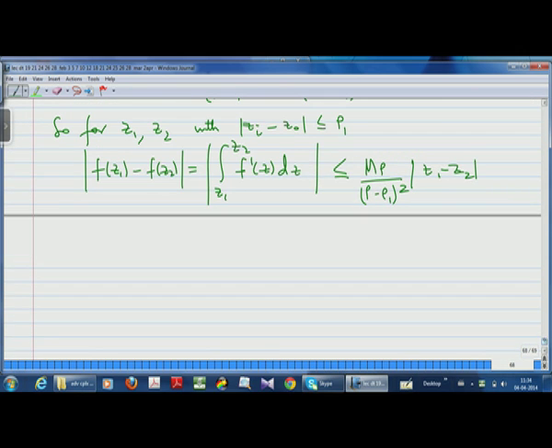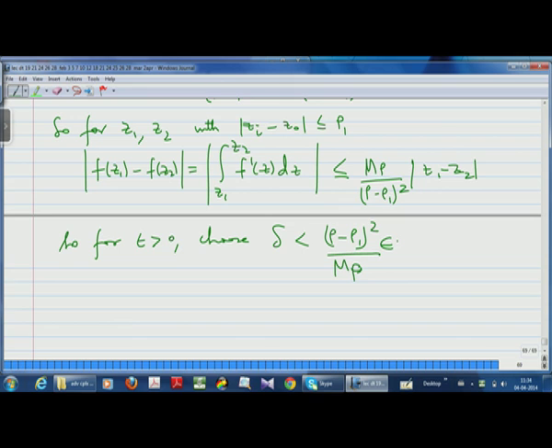This gives me equicontinuity because for epsilon greater than 0, choose delta, you know what to do. You have to choose it to be less than rho minus rho 1 the whole squared by m rho times epsilon.